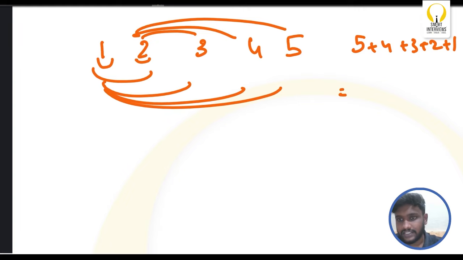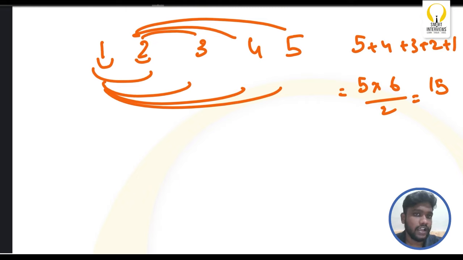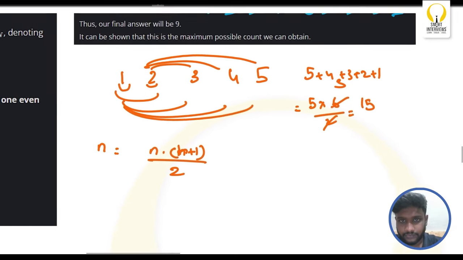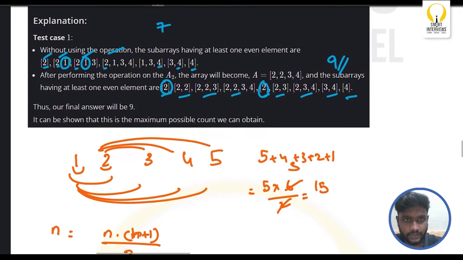From this we can say that this is 5 into (n plus 1) by 2. So in total we have 15 subarrays, right? So if I give you an array of size n, there are going to be n into (n plus 1) by 2 subarrays. That is done, so we know how to count the number of subarrays.